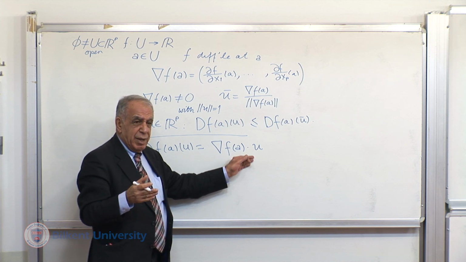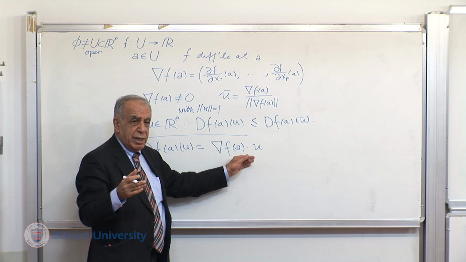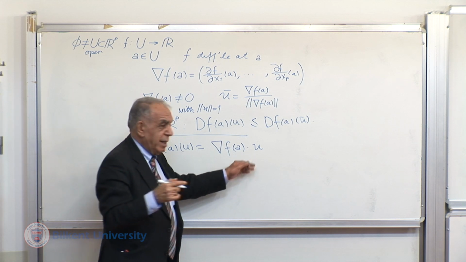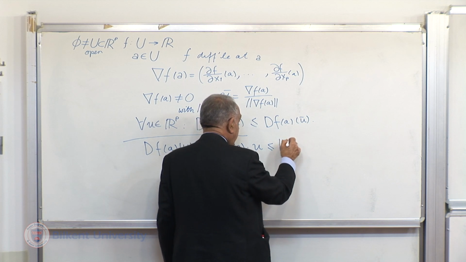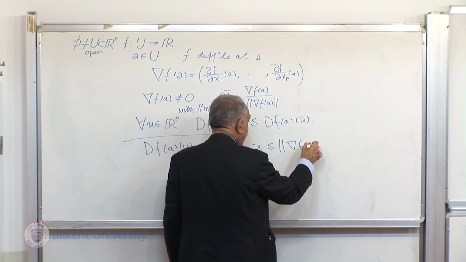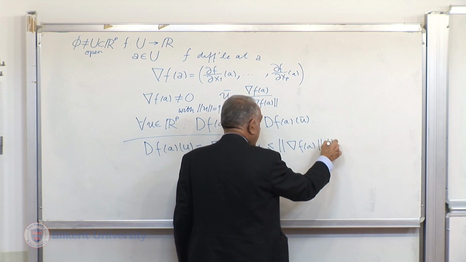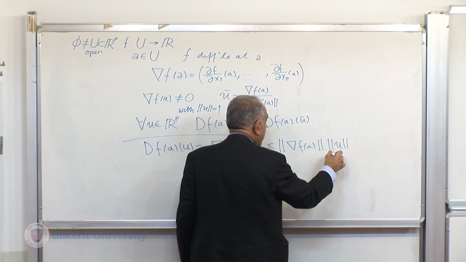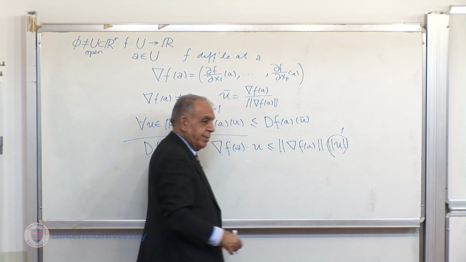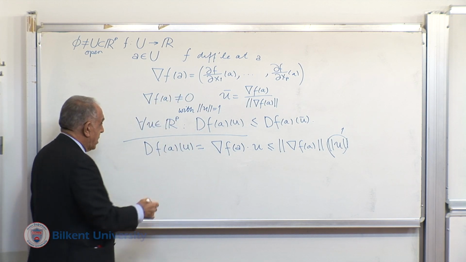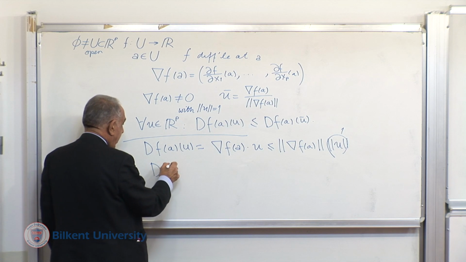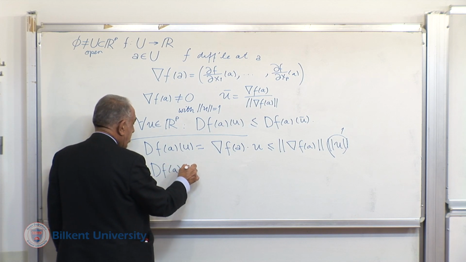What do we know about this inner product by Cauchy-Schwarz? It's less than or equal to the norm of the gradient of F at A times the norm of U, but that's 1. Okay? Now let's compute the differential of F at A at U bar.